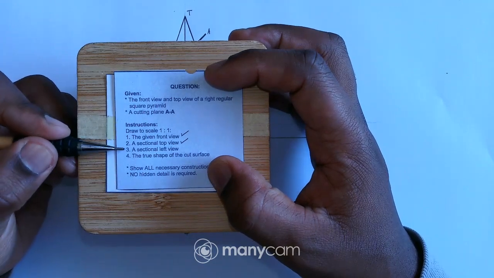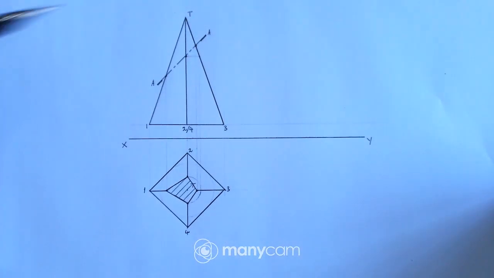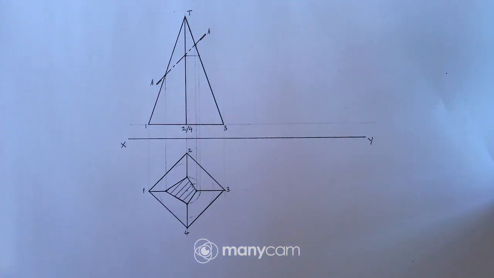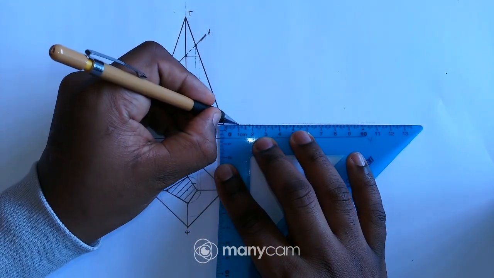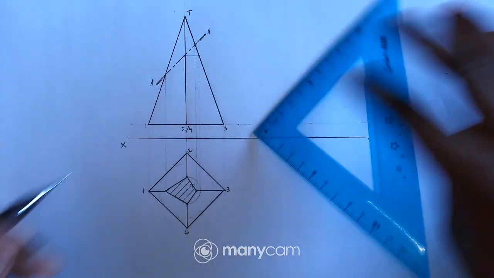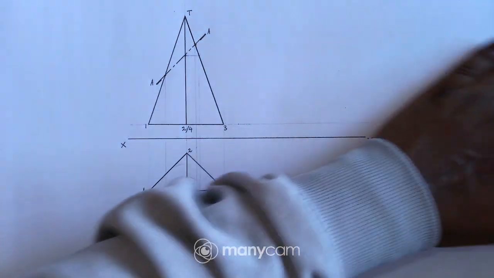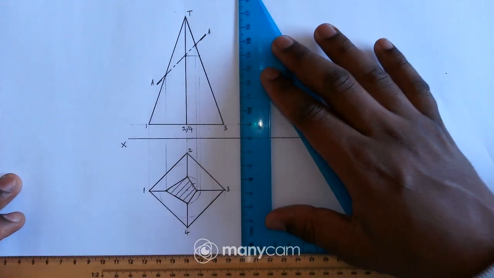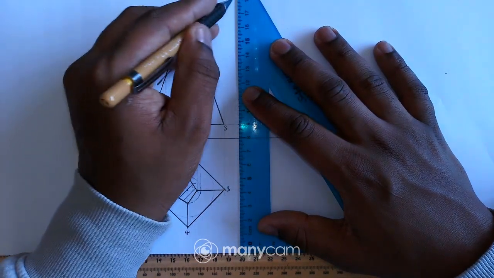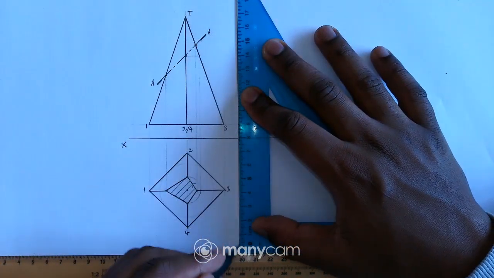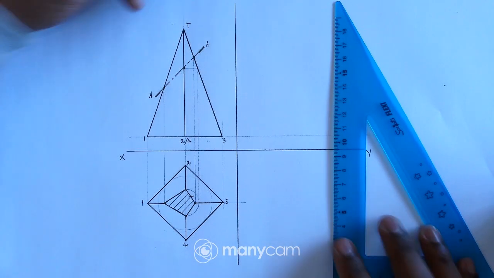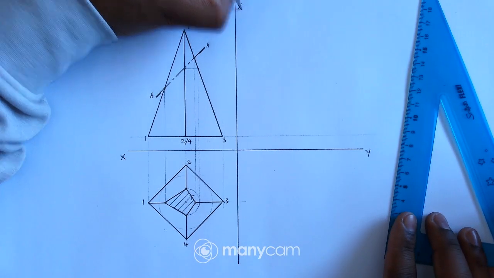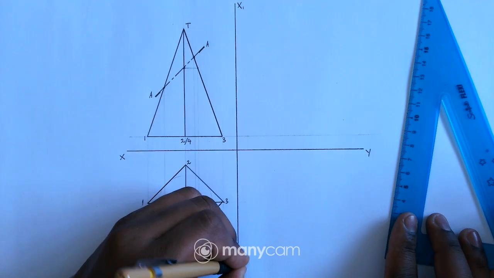So now I'll move to the sectional left view. So the left view will be drawn somewhere here. So I'll have to add an XY line first. So I can measure 10 from there to there and draw the XY line and label that XY line X1, Y1.